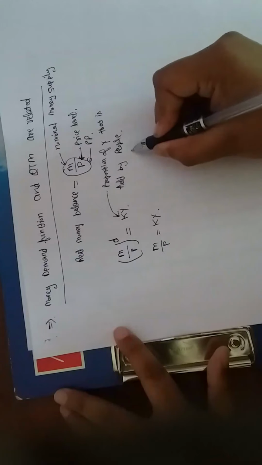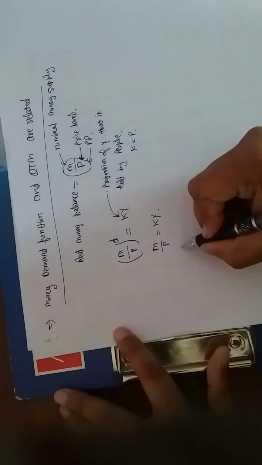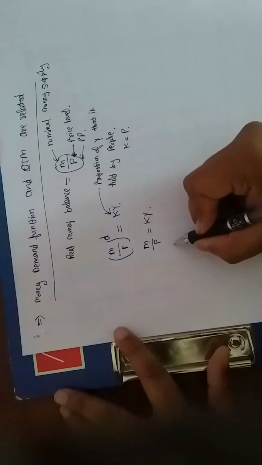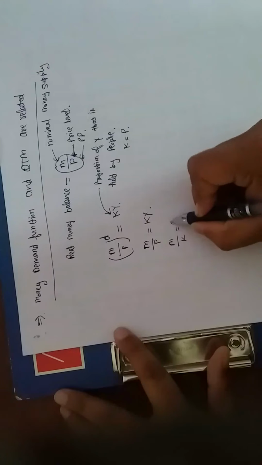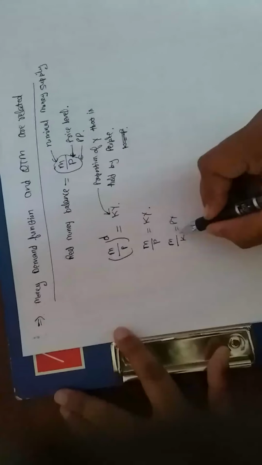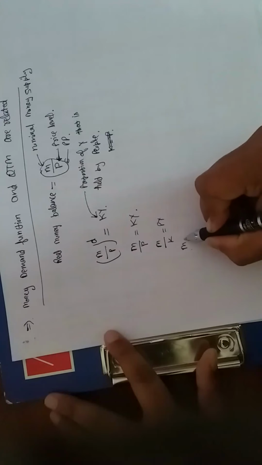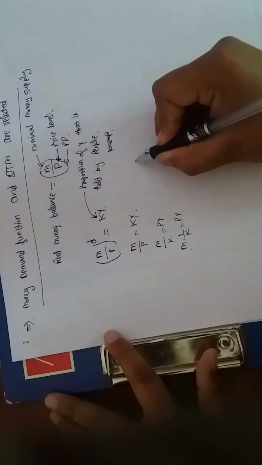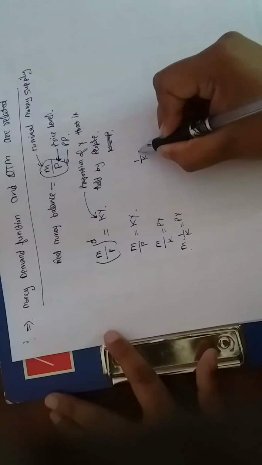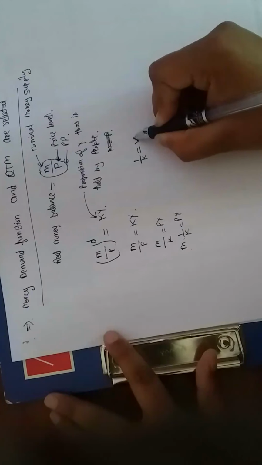We can write M upon k is equal to PY. 1 upon k is equal to V, velocity of money.